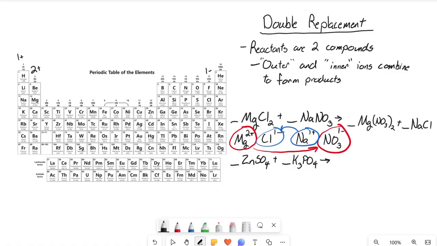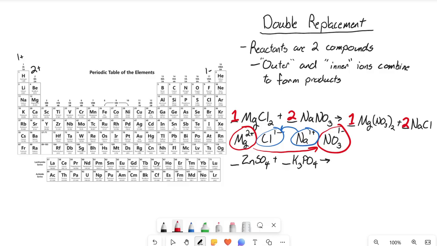Now, again, this is very likely not going to give us a reaction that's balanced, but we can still, of course, go back and balance this. This one, despite having a whole lot of moving parts, is really not all that tricky. In fact, just a couple of 2's here will do the job.